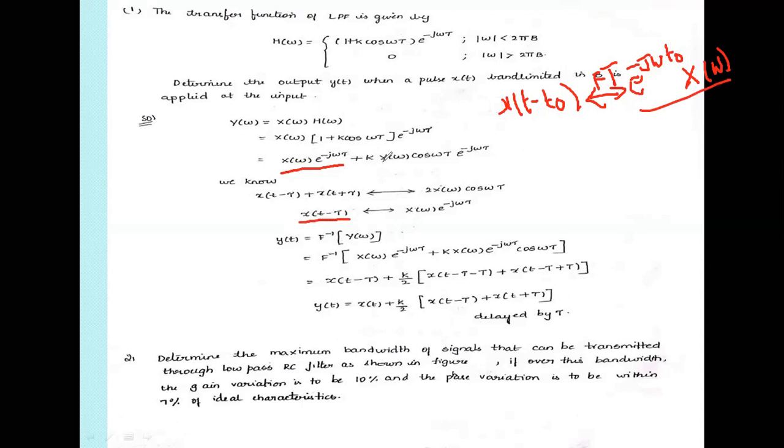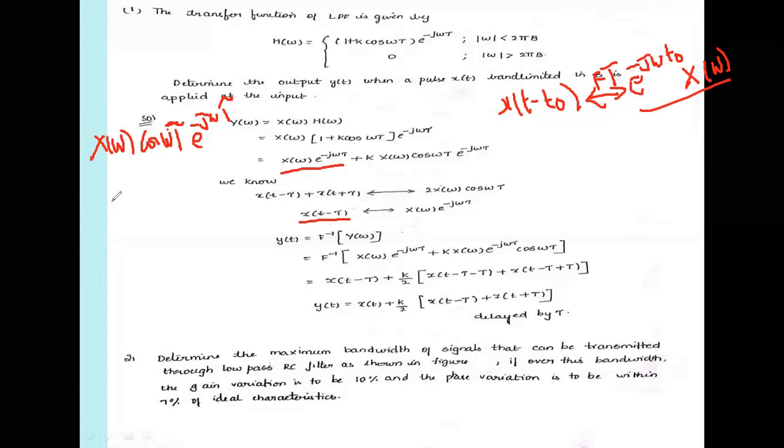Similarly, consider x of omega cos omega t e power minus j omega tau. Cos omega t means e power j omega t plus e power minus j omega t, divided by 2, and we can take the e power minus j omega tau along with it. This is also tau, my dear students.